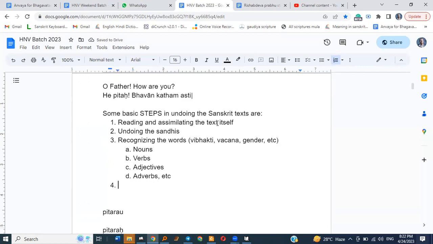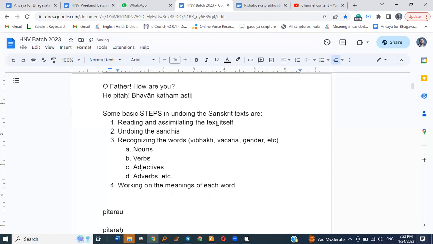Then the next step is, after we have recognized the word, we should know the meaning. Then working on the meanings of each word, whether noun or verb, whatever it is.